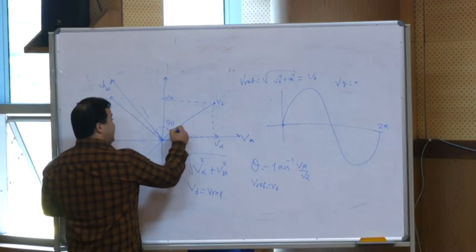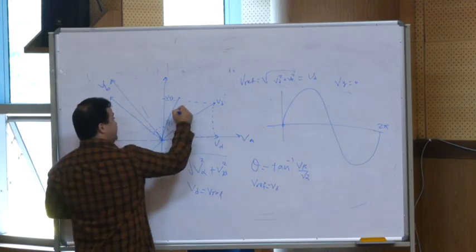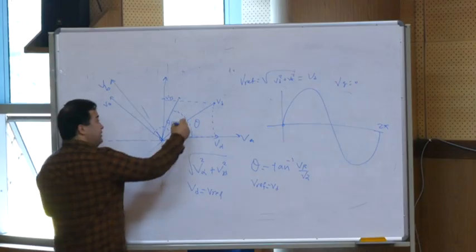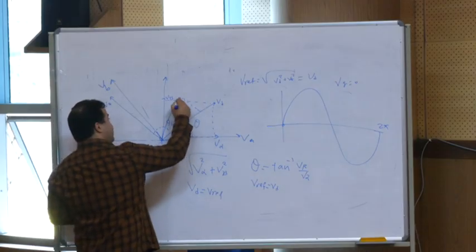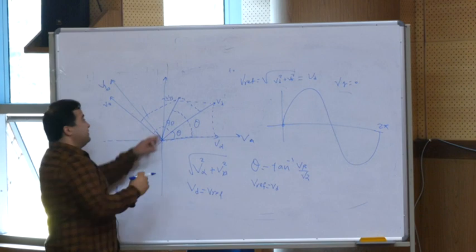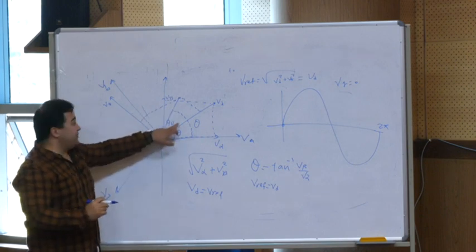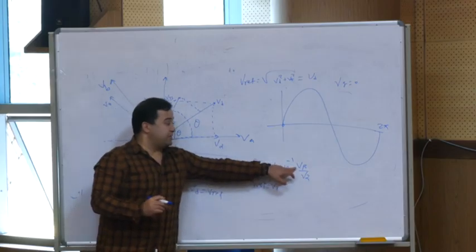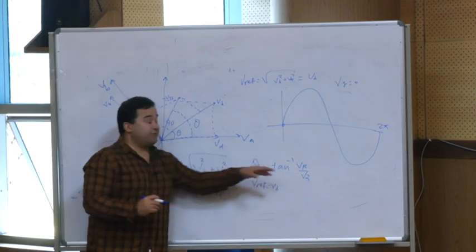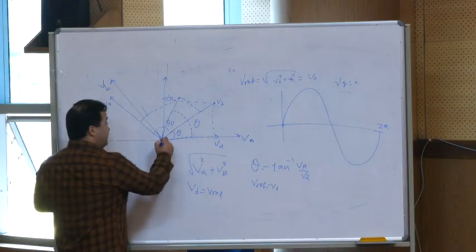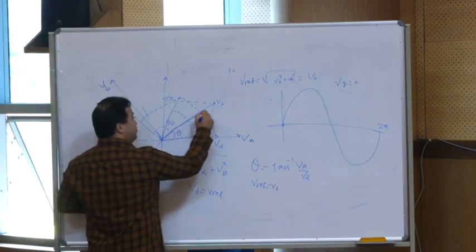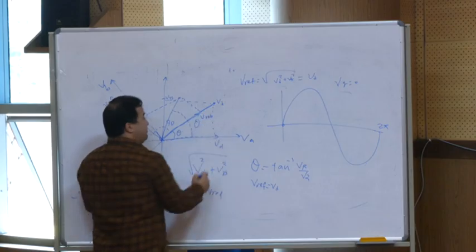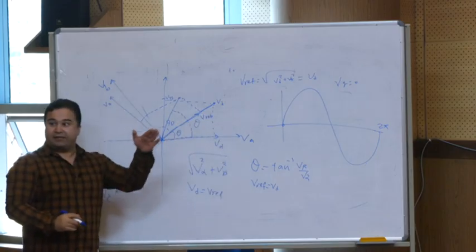Because if we take theta like this, then it will be like this, and the reference will be this. But when you consider theta equal to the inverse tangent of V beta over V alpha, the direction of V reference will be in the direction of VD.